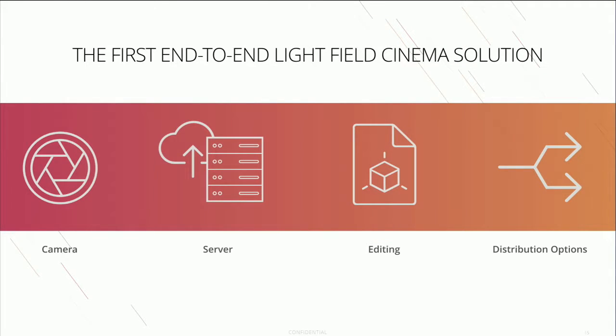But for the Lytro Cinema technology, it's not just a camera, it's an entire ecosystem. It's something that's really important to understand, because when you have a traditional cinema camera, you have the camera, you have your data, and the camera is then out of the picture for the rest of post-production. For a light field technology, it's not only now the camera, but now you have all the server architectures.